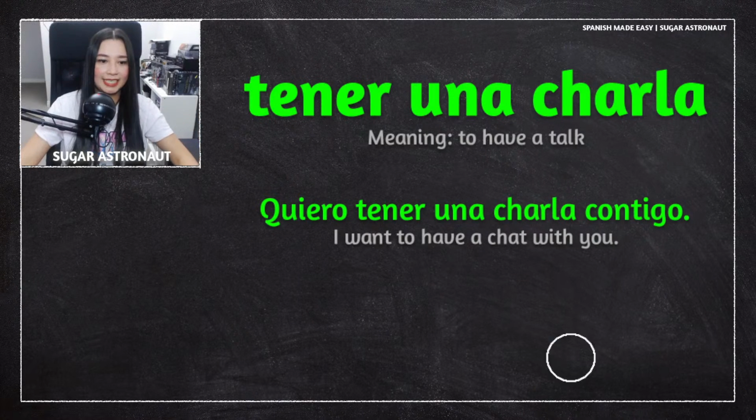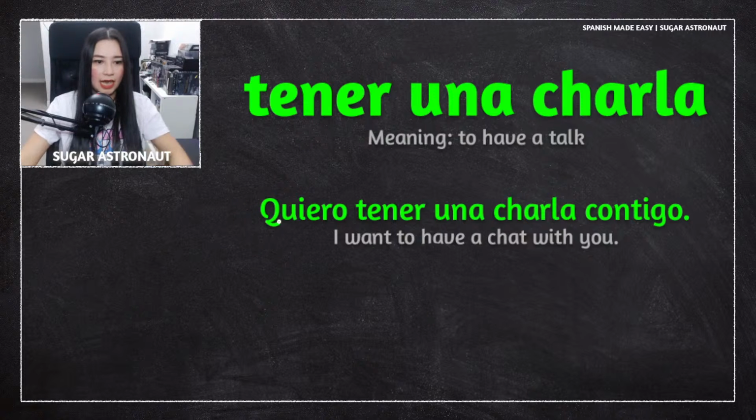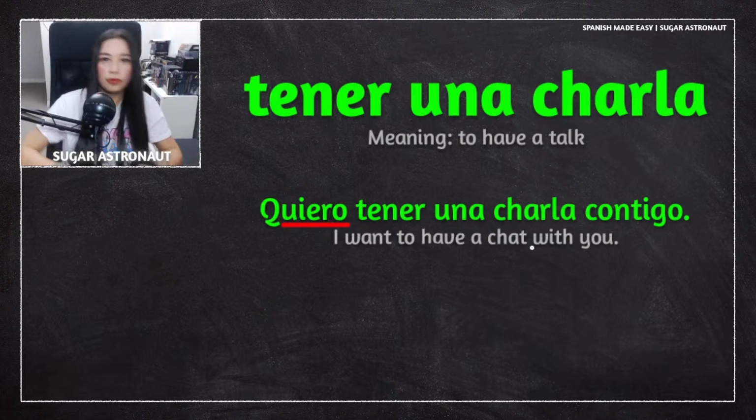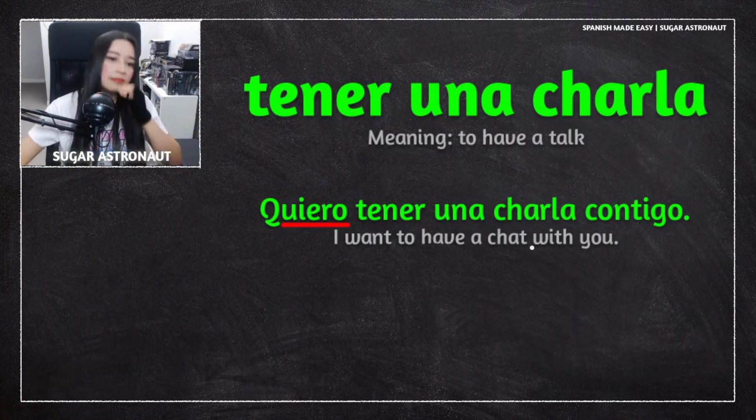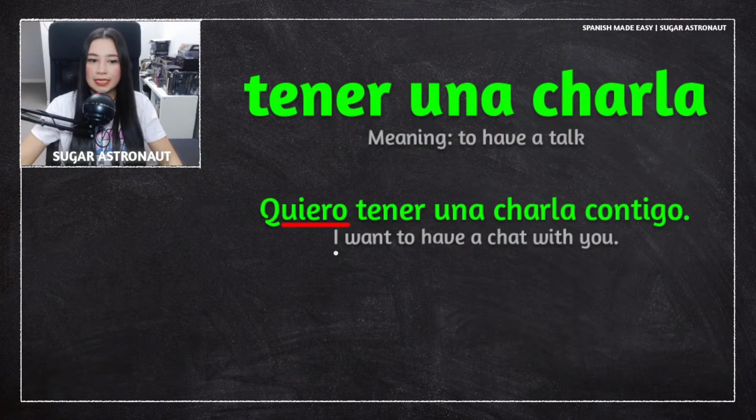That's what it means. Quiero means I want. Essentially, you're saying yo quiero. You don't need yo all the time. So quiero means I want. Okay? Tener, to have, you know.